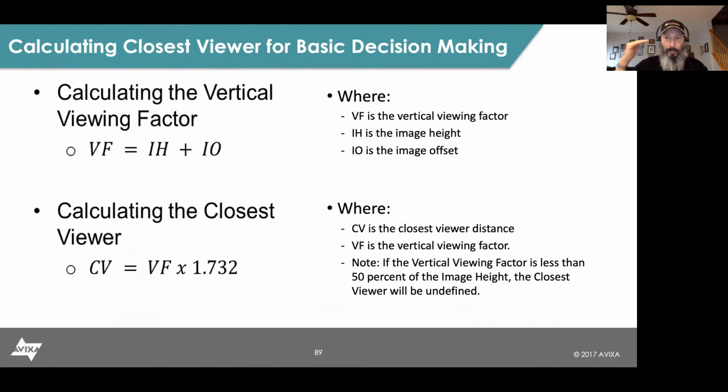If, say, the image offset was 8 inches, it would be image height plus the offset of 8 inches, so my viewing factor would be 68. Then I take that viewing factor and multiply it by 1.732, and that gives me my closest viewer. And 1.732 is also another constant.